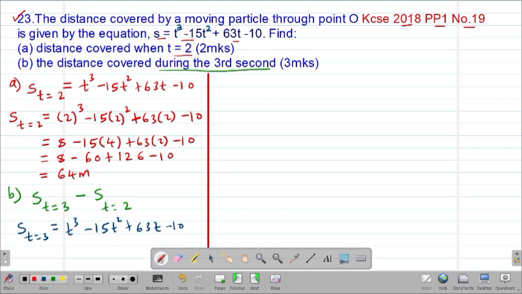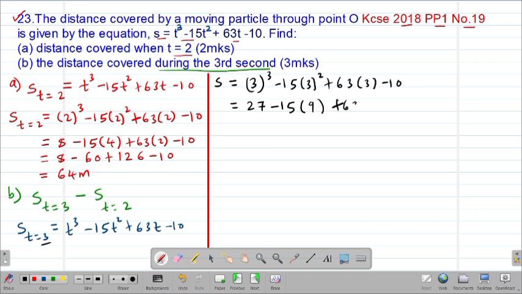So s will be equal to 3 cubed, then minus 15 into 3 squared, then of course plus 63 into 3, then of course minus 10. So this will give us 3 power 3, that is 27, then minus 15 into 3 squared, that is 9, then of course plus 63 multiplied by 3, then of course minus 10.